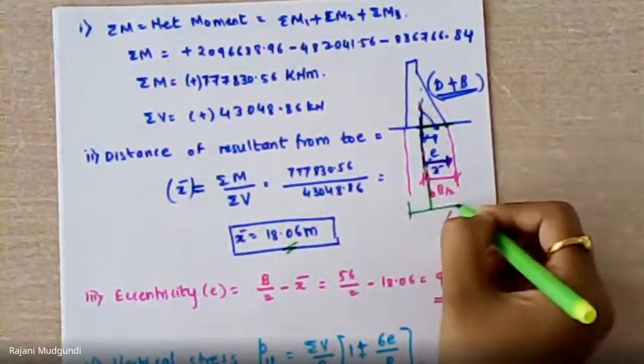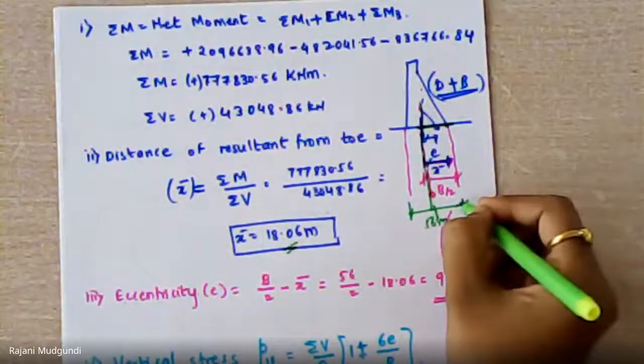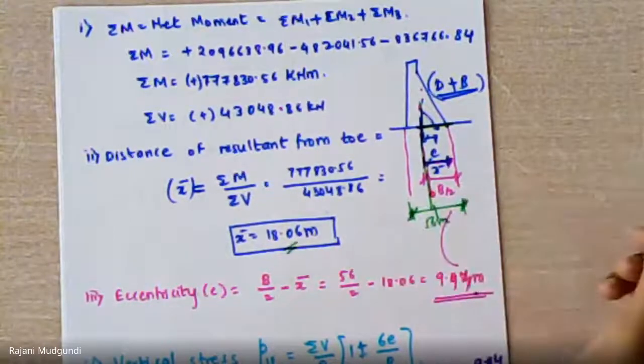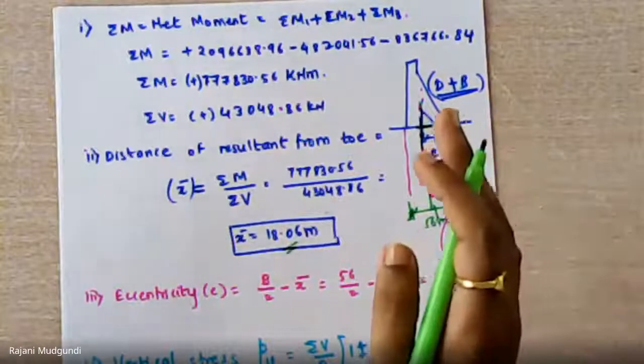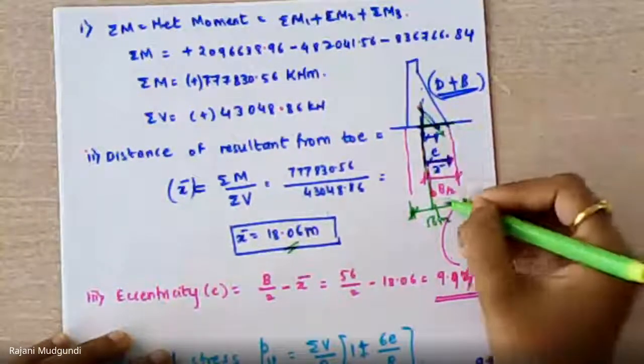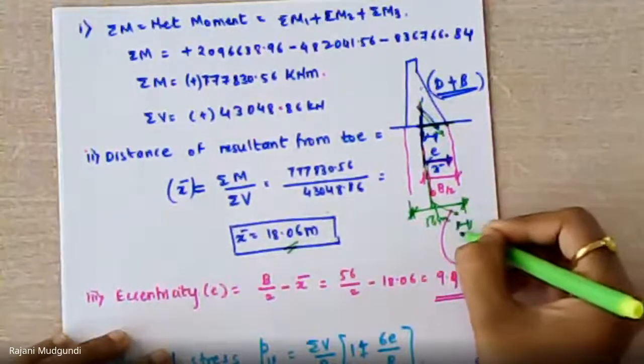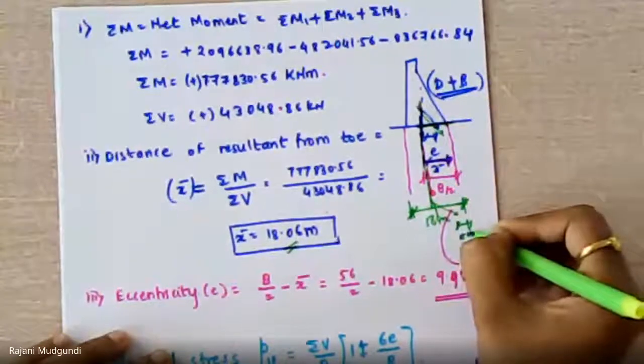The total base is 56 meters, so 56 by 2 on one side and 56 by 2 on the other side. So the resultant will be passing at a distance of 18.06 from the toe.